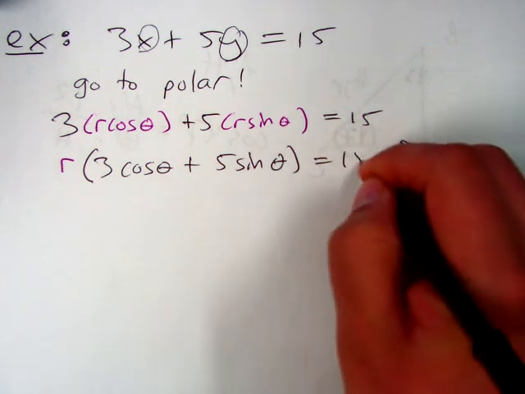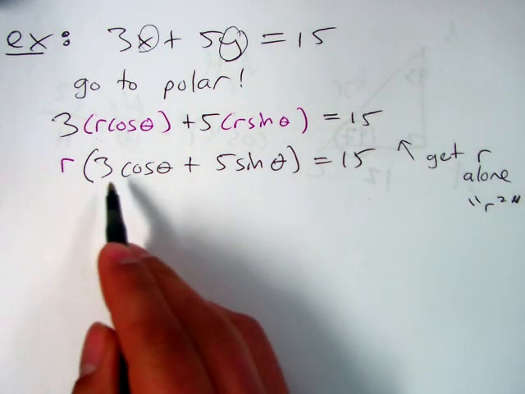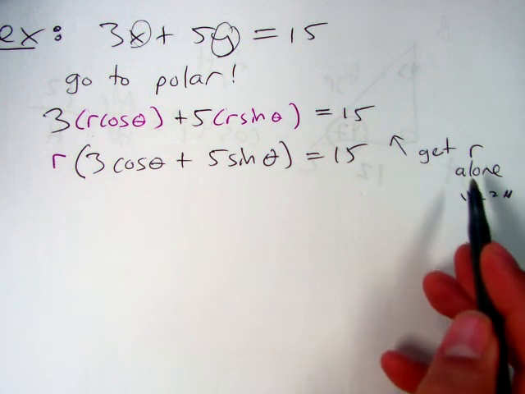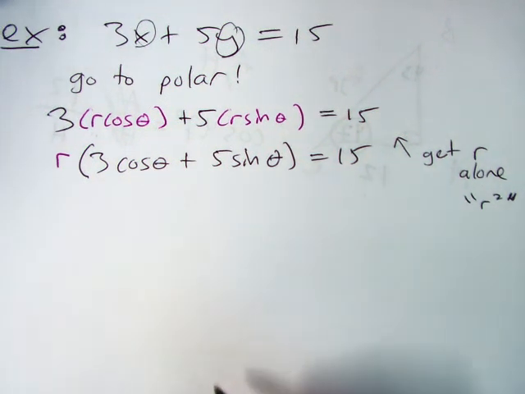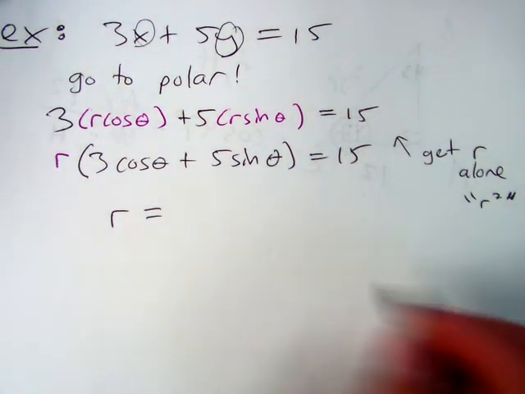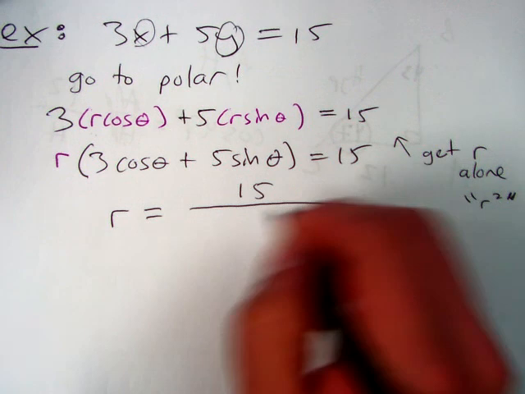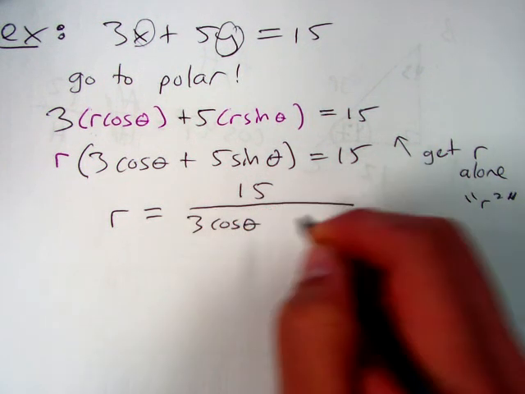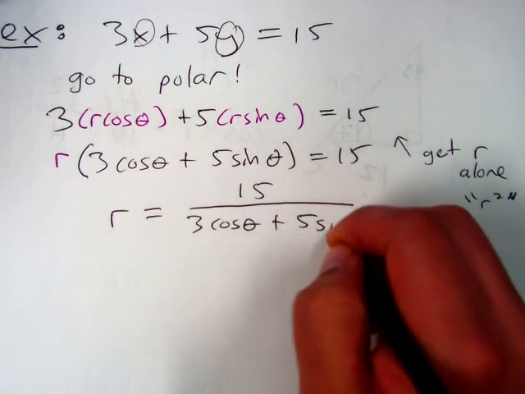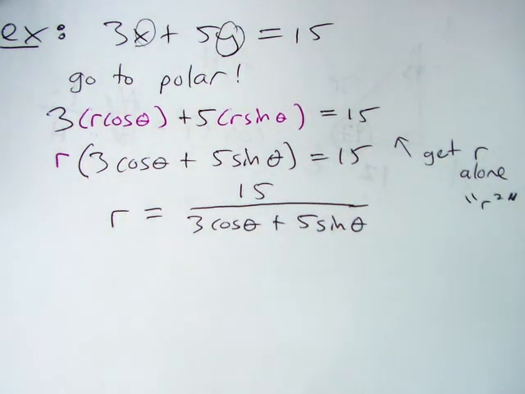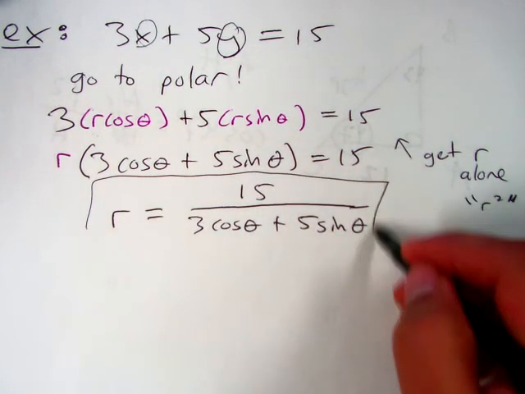So if we factor out r, this is what's left. And if we're trying to get r alone, what's the last thing we do? Divide. Good. So 15 over 3 cosine theta plus 5 sine theta. And we're done. That's the answer.